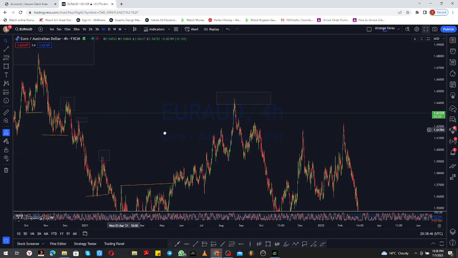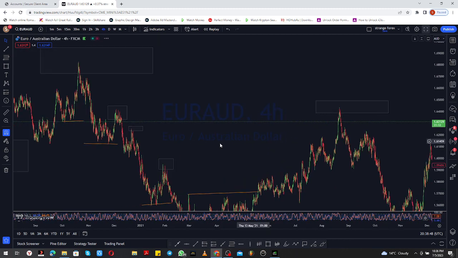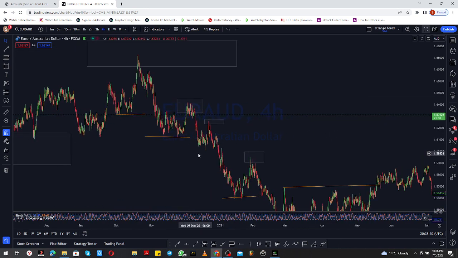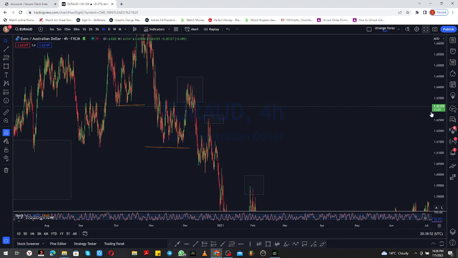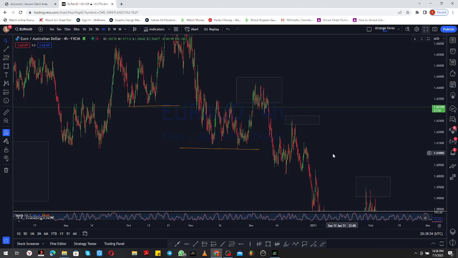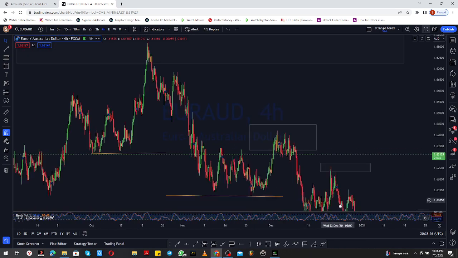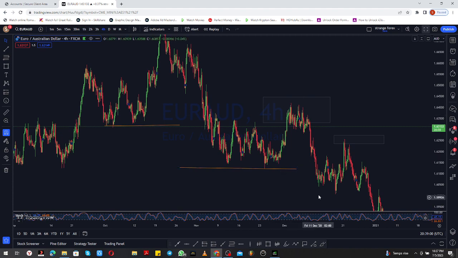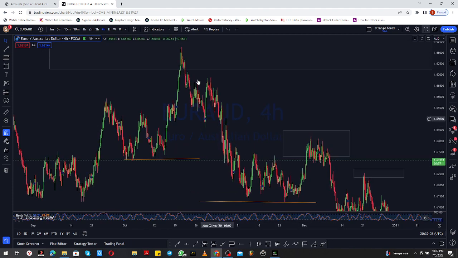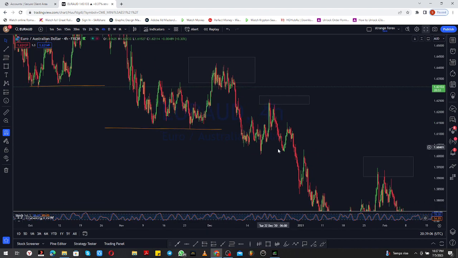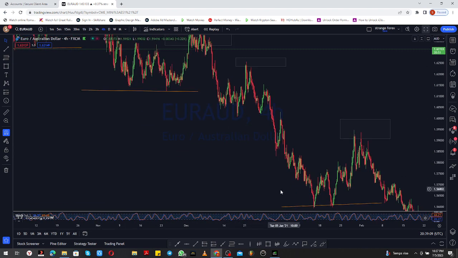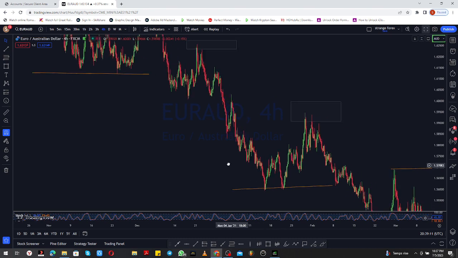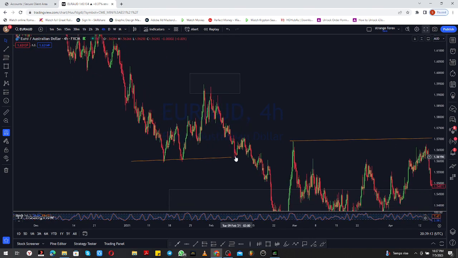Once we get here, it's starting to make more sense in the smaller time frame again, as we can see within these highs and lows. You will find that there are lows that the market is breaking to tell us that it's trending to the downside, right? We have these small lows.